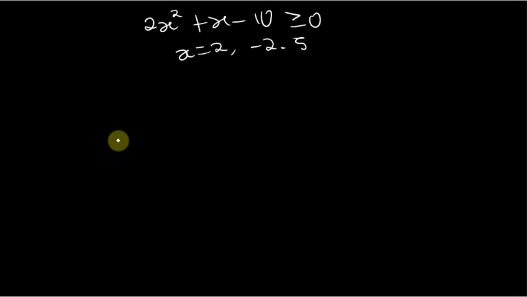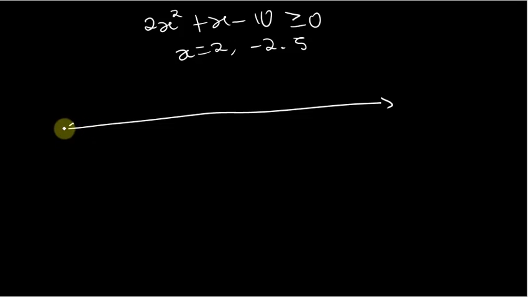So let's draw our number line, which is not drawn to scale. We have our 0 here, positive 2 here, and negative 2.5 here.